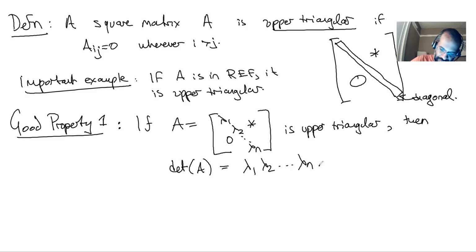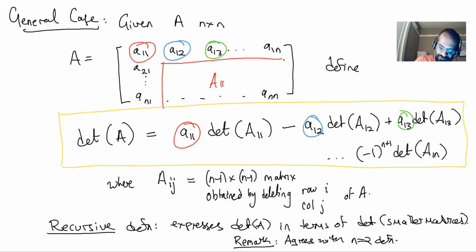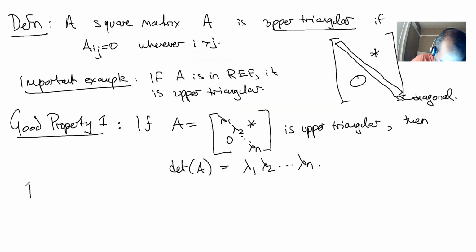Okay, why is that? Well, let's follow the definition, right? It's a recursive definition. Let's see what it does on an upper triangular matrix. Or let's just call it a reason. It's not even really a proof. Well, the reason is, let's just apply the rule, right?